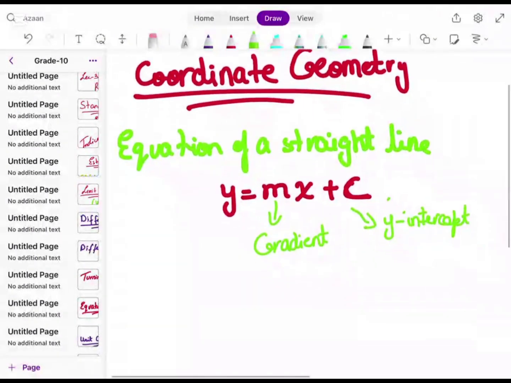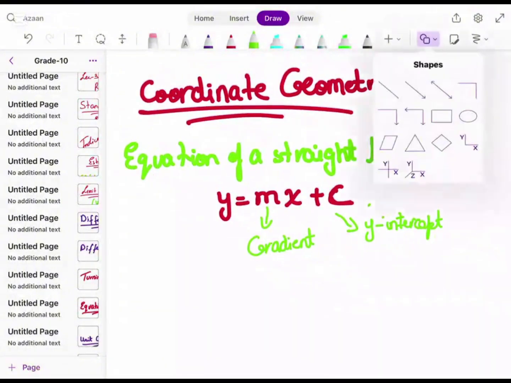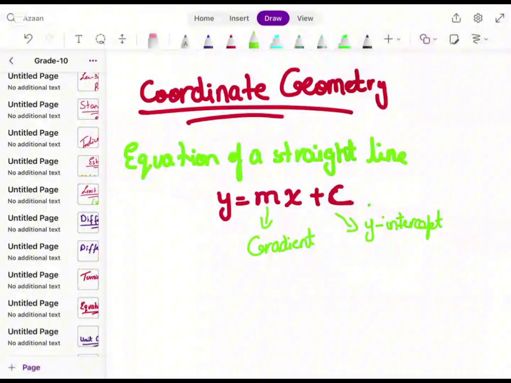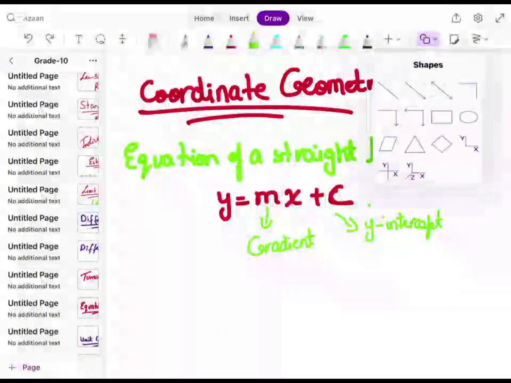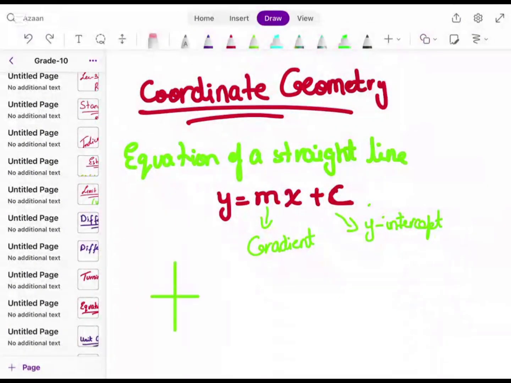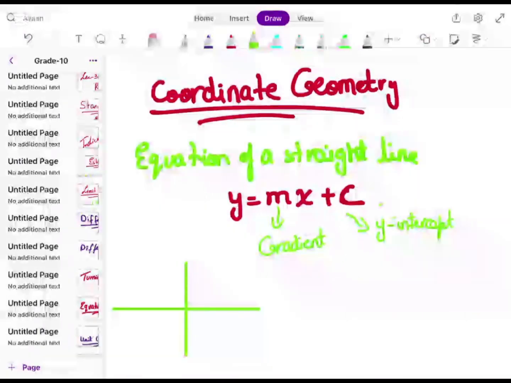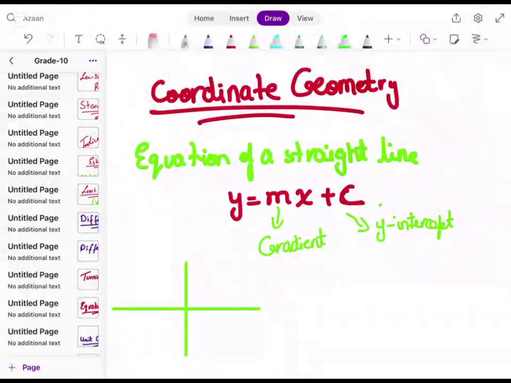What is the y-intercept? For example, if a line is like this, this is the point where the line intersects the y-axis.